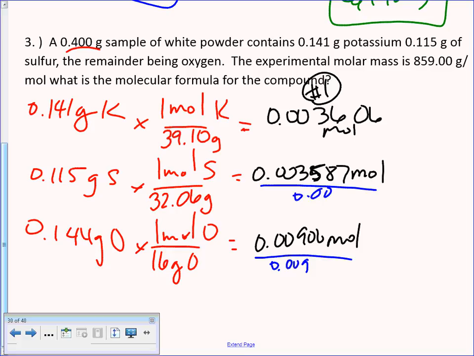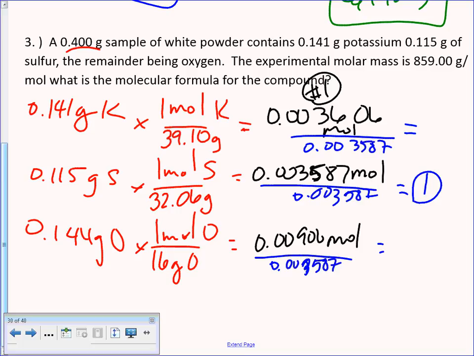Oh, I'm sorry, 0.03587. My bad. Good thing I only had zeros there. And drum roll. What are these? This is 1. Got it. What's this one? 1.03. And this one?